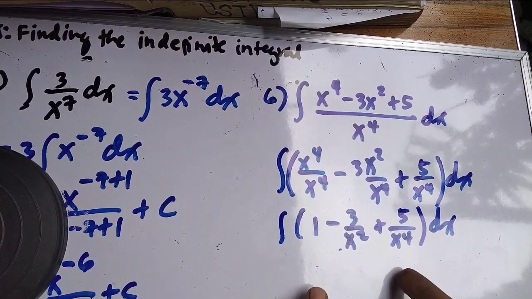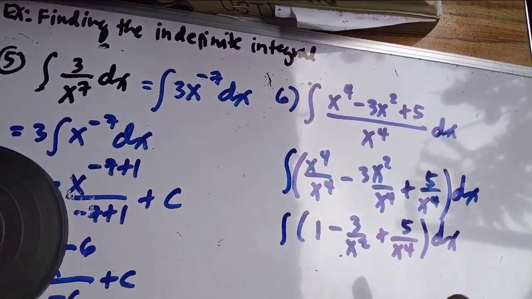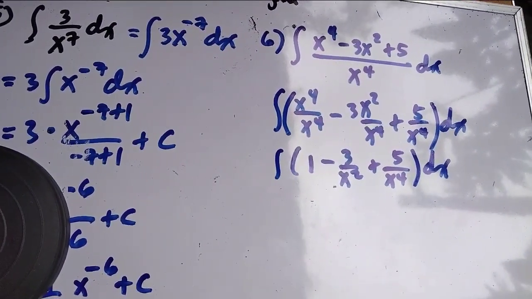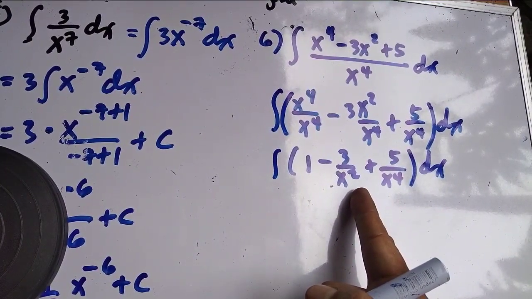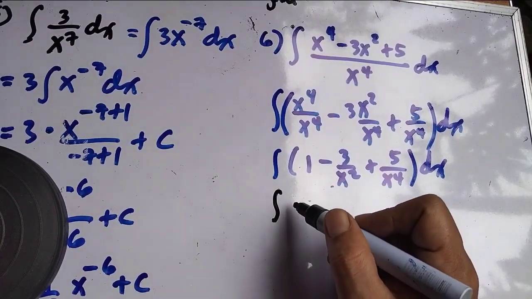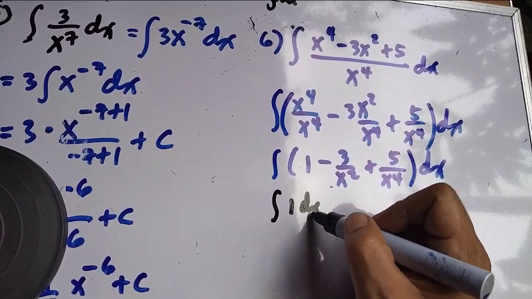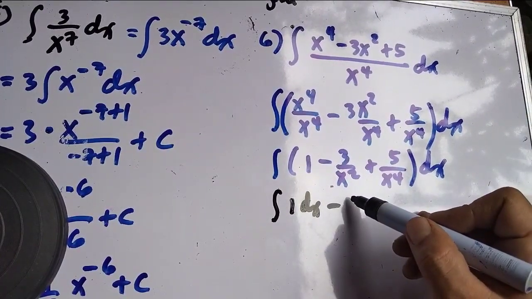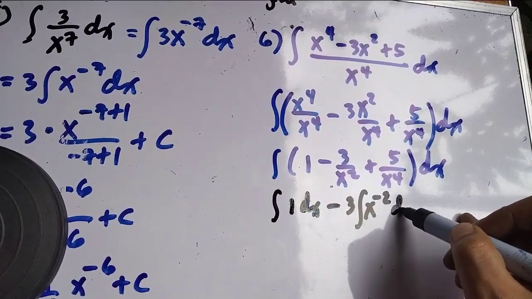So, mao niyang itsura. So, here, tagsa-tagsaon na din nato siya og integrate. No? But before that, we will rewrite the second term and the third term. So, ato siyang i-rewrite to integral of 1 dx minus 3 integral of x to the power of negative 2 dx.